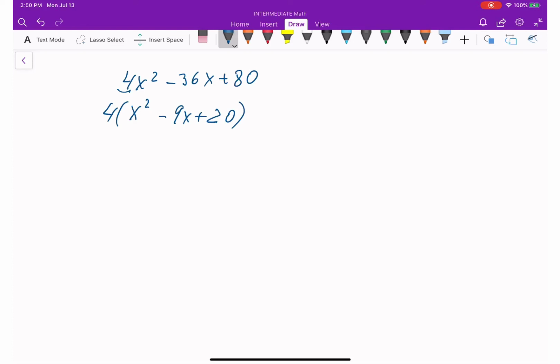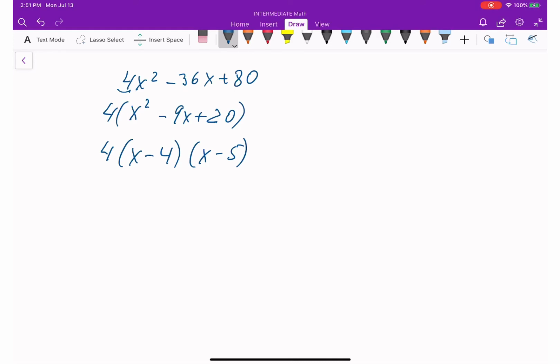Of course, these two numbers. So it's going to be 4 times x minus 4 and x minus 5. Whoever has trouble, you can write it out just like I showed you previously, okay? And you will see so easily which pair of numbers is going to be your case.